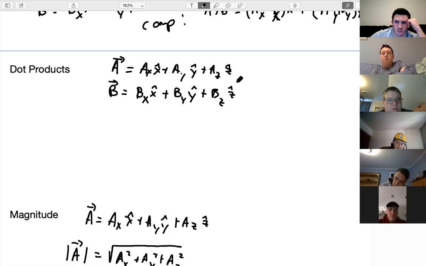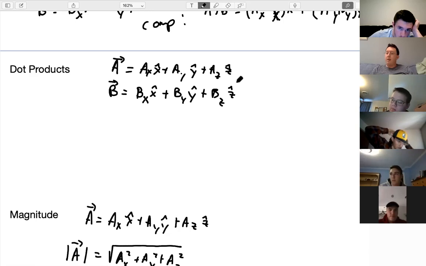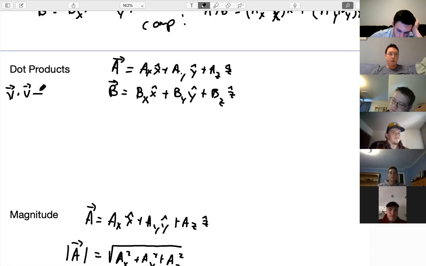Is this the one where you make a matrix? No, that's the cross product. So the dot product, first of all, maybe write that. The dot product takes two vectors and produces a scalar, a single number. So the output of this is just going to be a pure number.